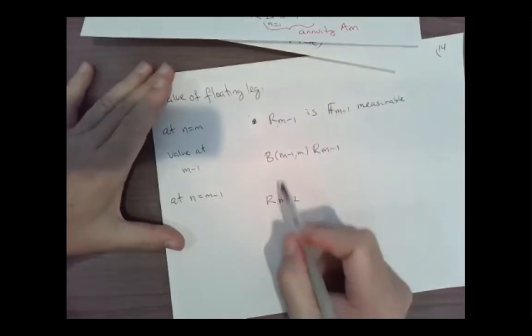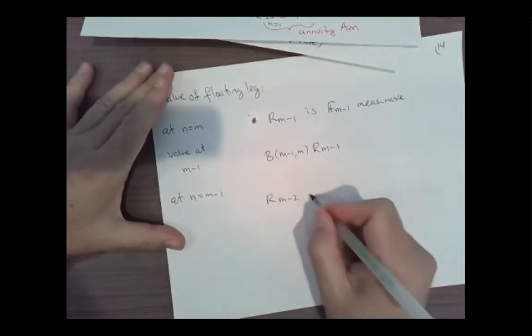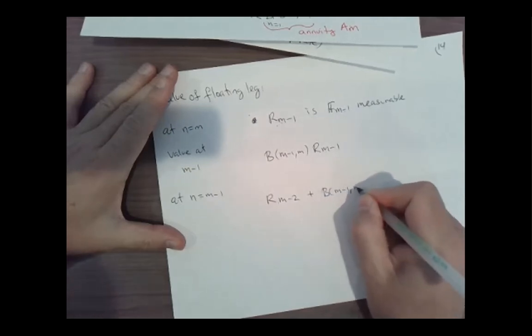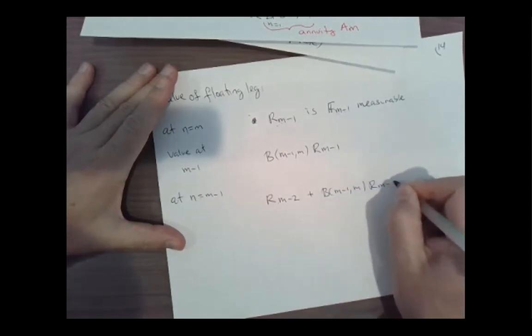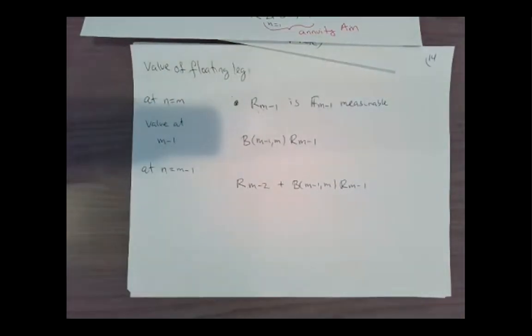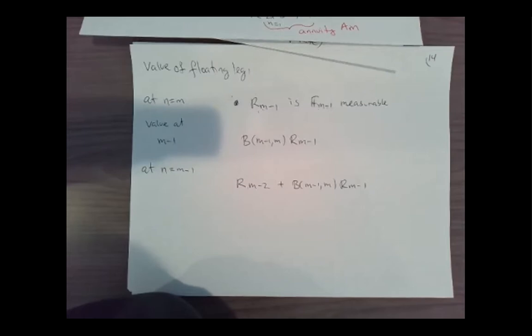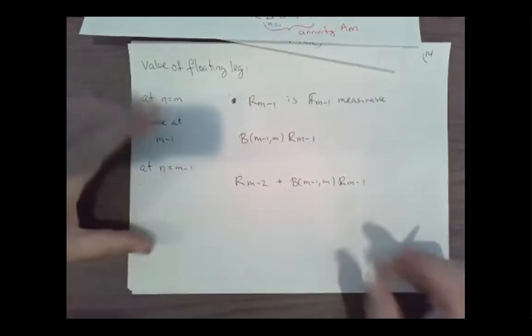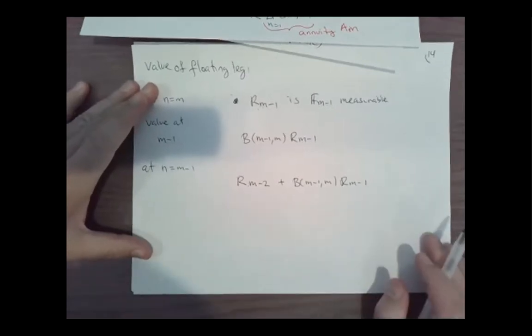So that's the payment. And then we have this value plus B_{m-1,m} R_{m-1}. Okay, so now we want to move this thing back to time m minus 2.